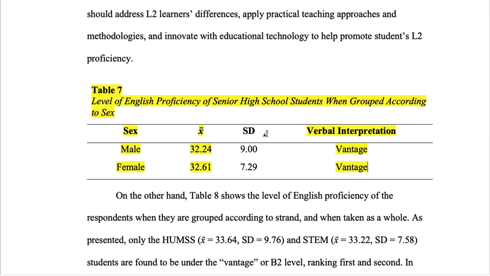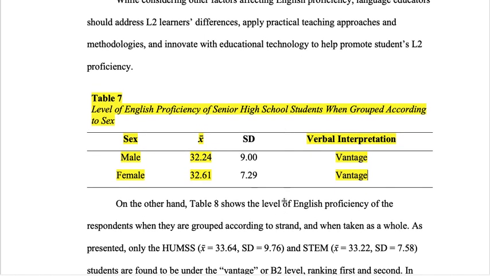It's a plus if you can compute the standard deviation during the examination. But I will only check for the means, if you have computed the means, and then the verbal interpretation. So it's a plus if you can provide the standard deviation of your data.